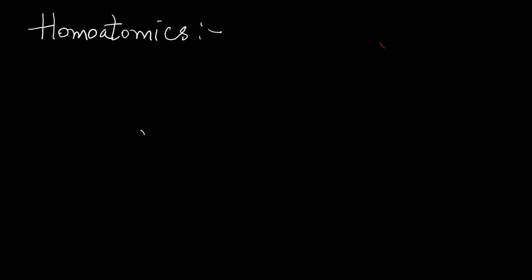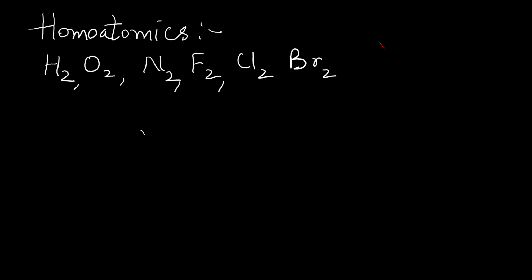So for example, I say H2, O2, N2, F2, Cl2, Br2, I2, P4, S8. In all of these molecules, what is special? The same atom is bonded with each other. This is a list of some homoatomics, right?